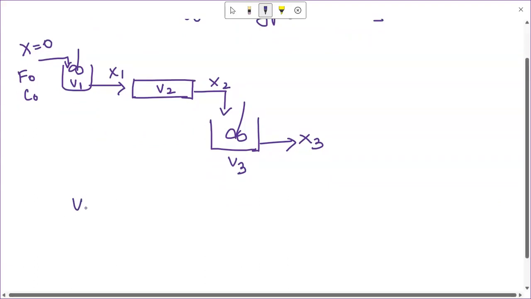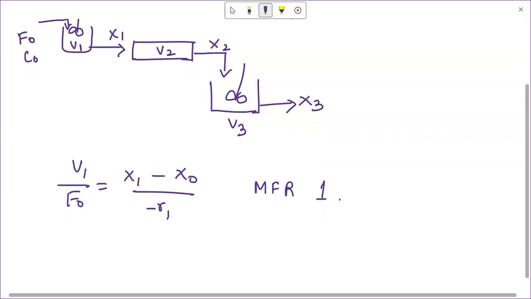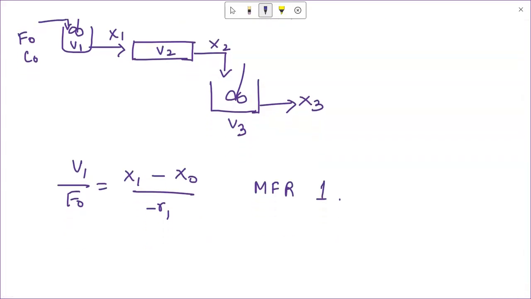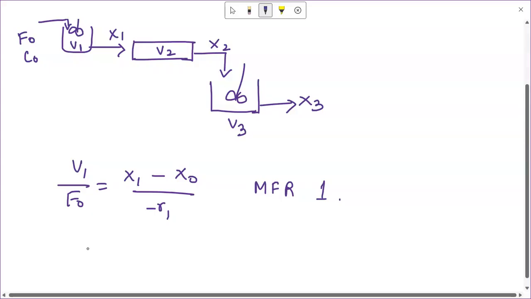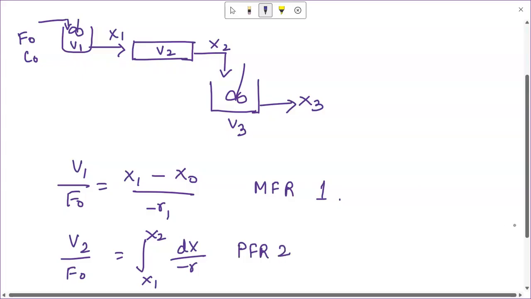So you can write V1 by F naught equals X1 minus X naught by minus r1, because we have the MFR as reactor 1. This is simply from the design equations of mixed flow reactors. For the PFR, you can write V2 by F naught equals, since we have a PFR, we have a differential term, so integrating from X1 to X2 dX by minus r2. This is for PFR 2.